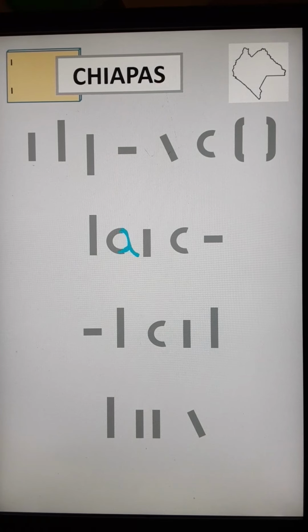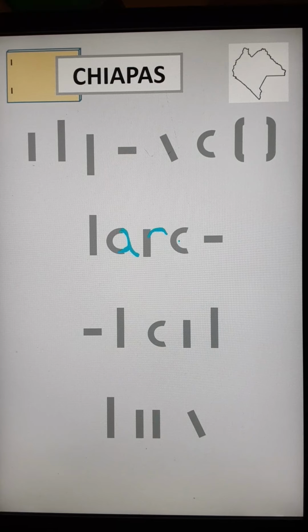Little can be an I, M, N, R, U. Large. I'm hearing like a J.